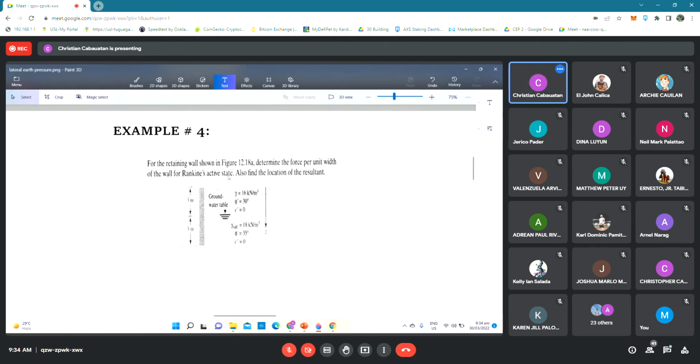Okay, so the first thing we have to do again is to draw its diagram. So i-draw na natin yung diagram.